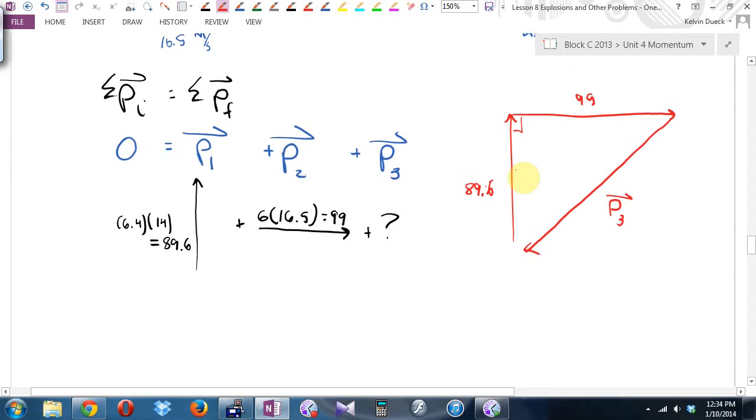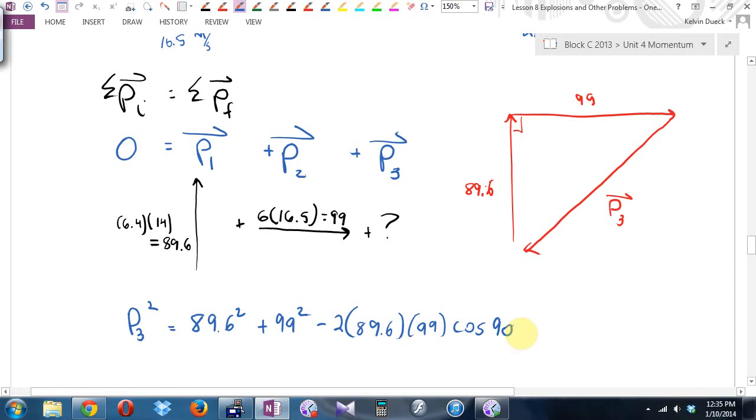Pythagoras. By the way, it's actually the cosine law, not Pythagoras. Don't write this down. It's actually this squared equals this squared plus this squared minus 2 times 89.6 times 99 cosine of, hey, how big is that angle?